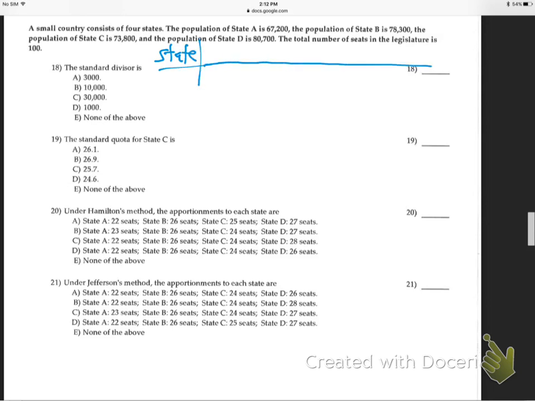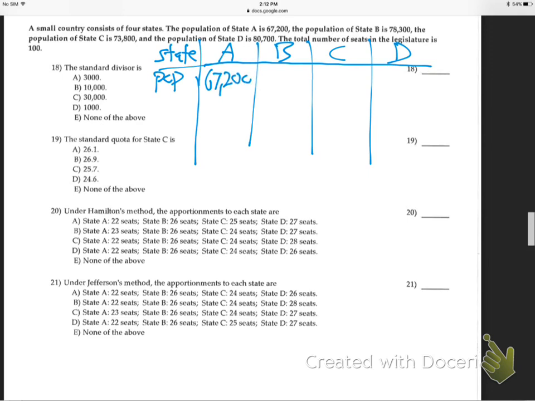We have A, B, C, and D. Population, so we have A, B, C, and D. The population for these states: 67,200, 78,300, C is 73,800, D is 80,700. And then we're going to go through and do the quotas.